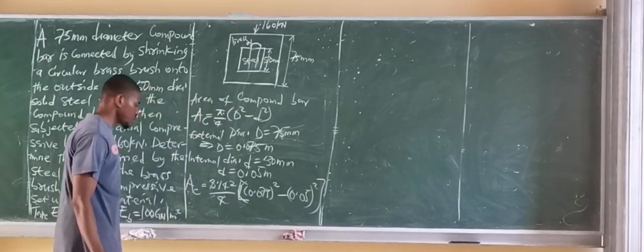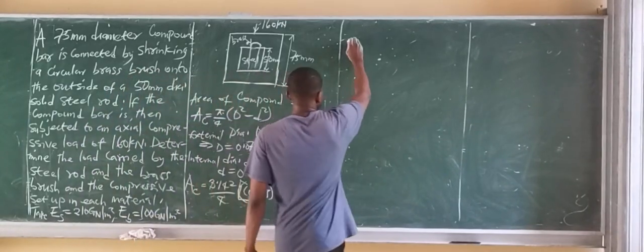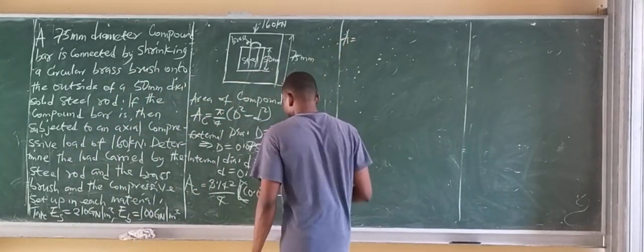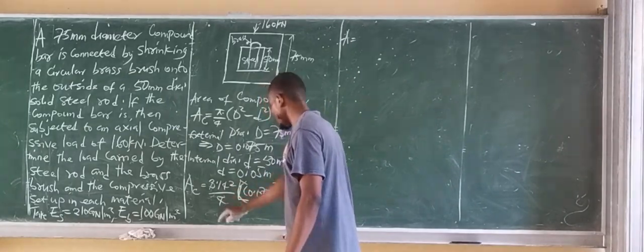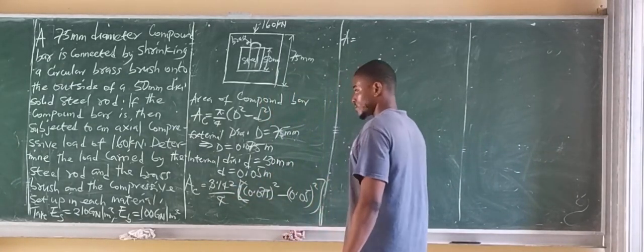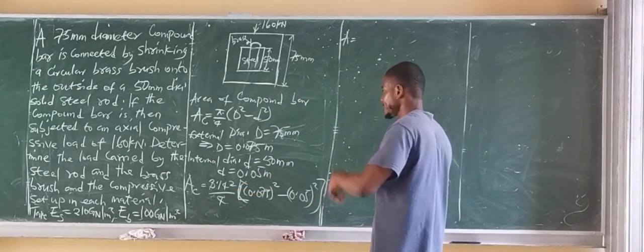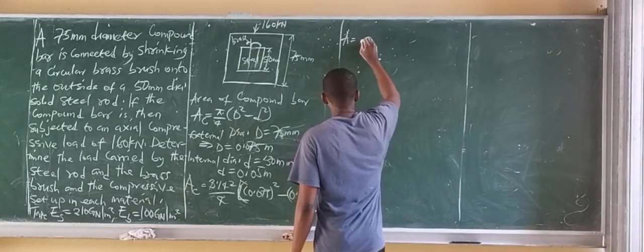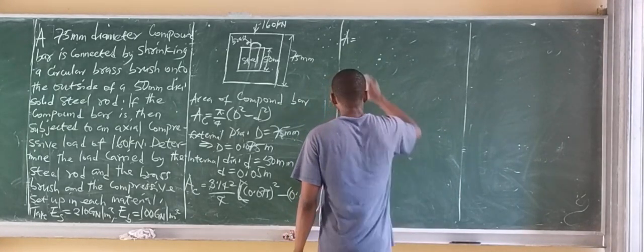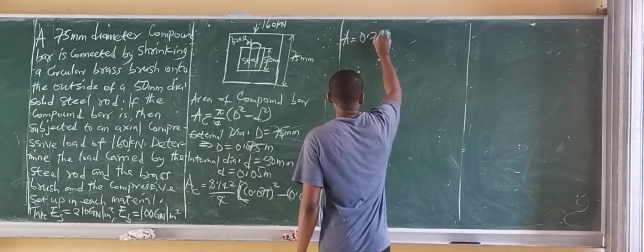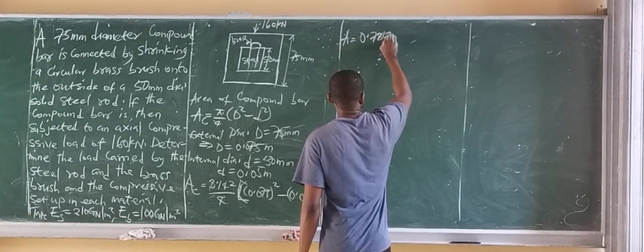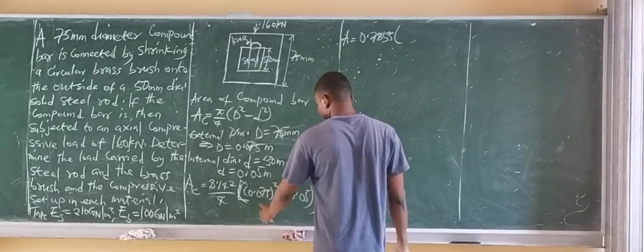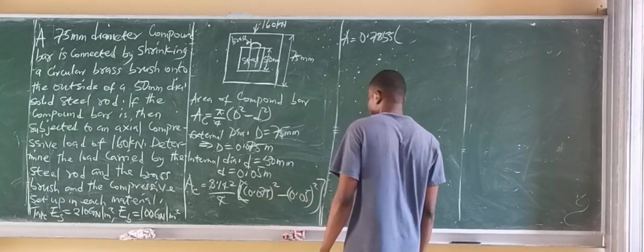So the area is now equal to 3.14 divided by 4, which is 0.7855, multiplied by 0.075 squared.